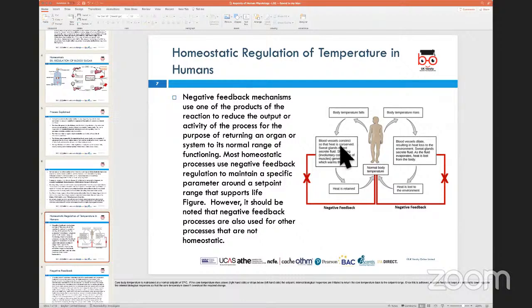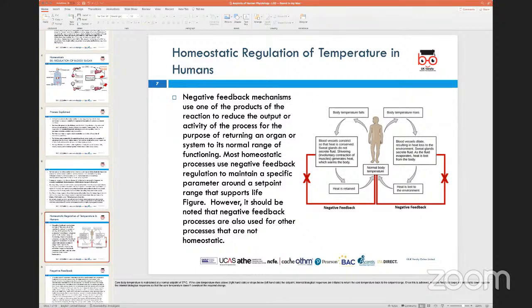So when we look at the example of a negative loop, specifically when we talk about a negative mechanism, then the homeostatic process, which helps in the regulation of, say, body temperature, would essentially work within negative loops.